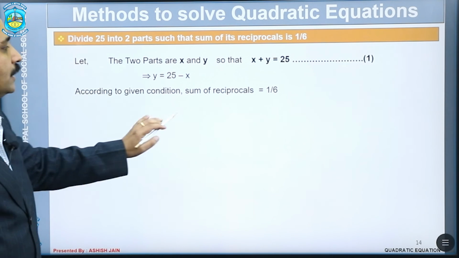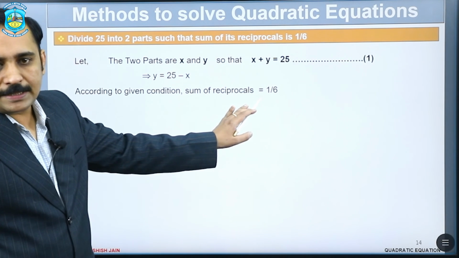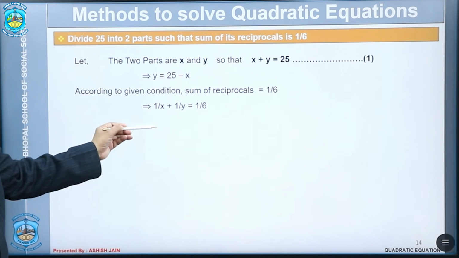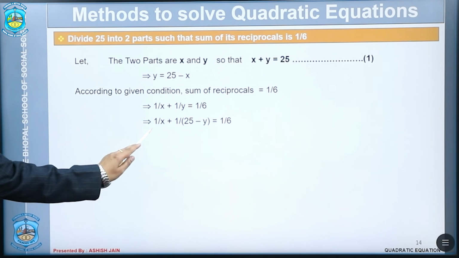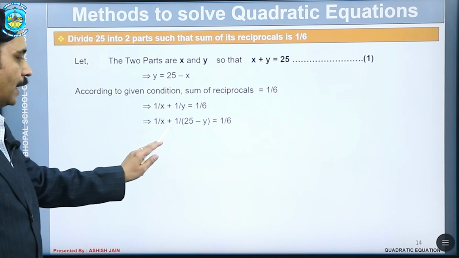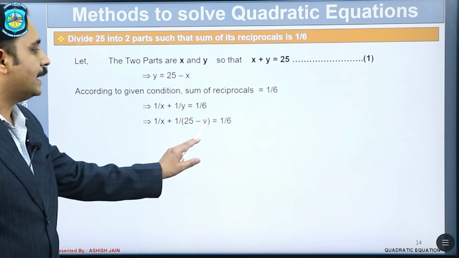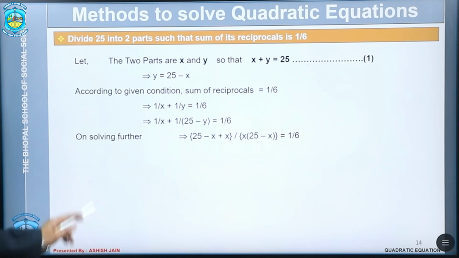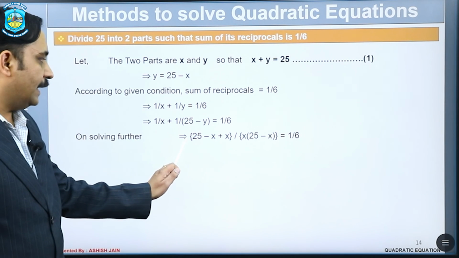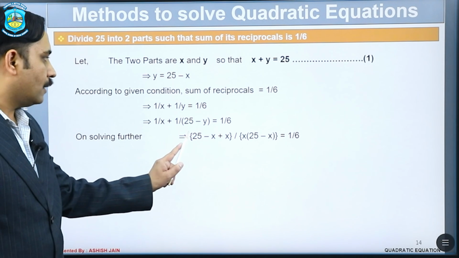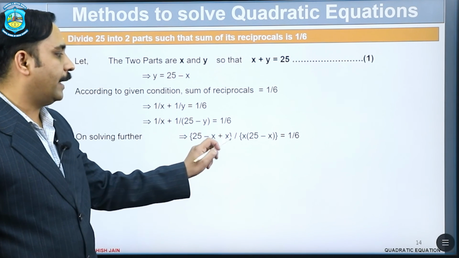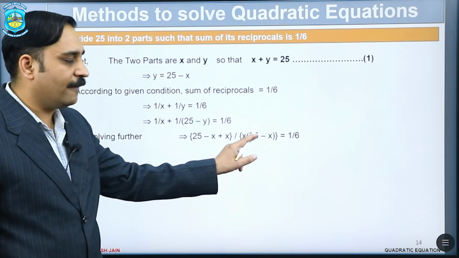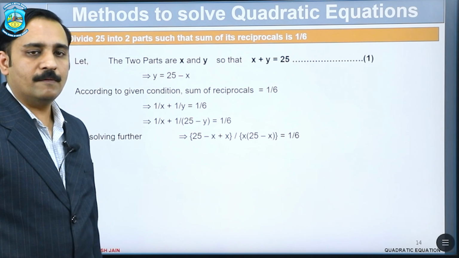According to the given condition, the sum of the reciprocals is 1 by 6. That means 1 upon x plus 1 upon y is equal to 1 by 6. So we have 1 upon x plus 1 upon (25 minus x) is equal to 1 by 6. On solving further, it is (25 minus x plus x) divided by x multiplied by (25 minus x), equal to 1 by 6.